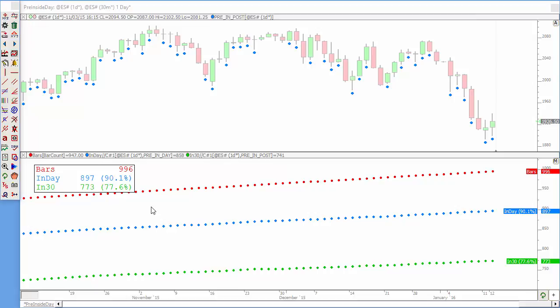But there's still some good information there, because that means that 23% of the time we either hit neither side of that pre-30 bar, or one side or the other, at the end of the first 30 minutes of trading.